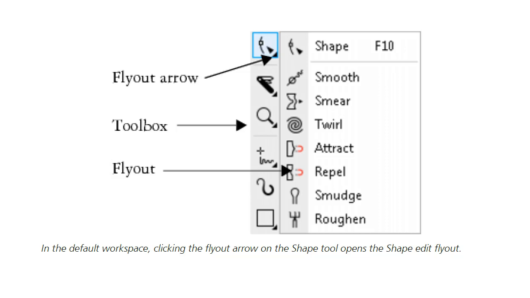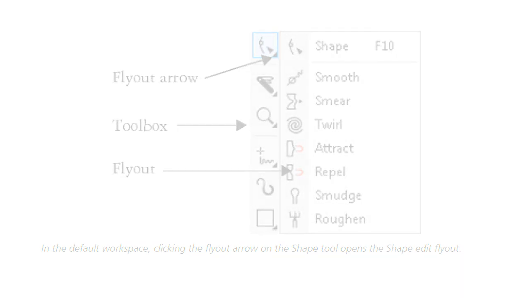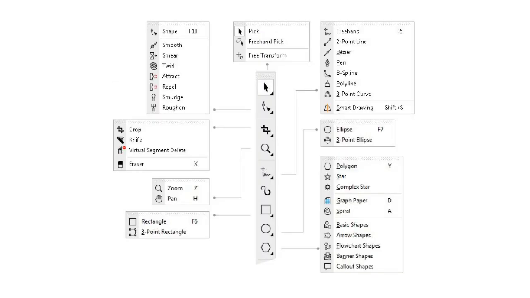You can access the tools in a flyout by clicking the flyout arrow. After you open a flyout, you can easily scan the contents of other flyouts by hovering over any of the toolbox buttons which have flyout arrows. Flyouts function like toolbars when you drag them away from the toolbox. This lets you view all the related tools while you work.